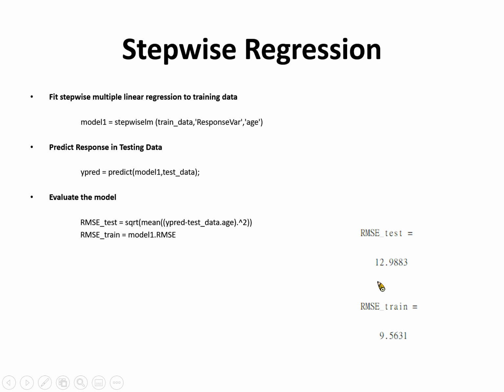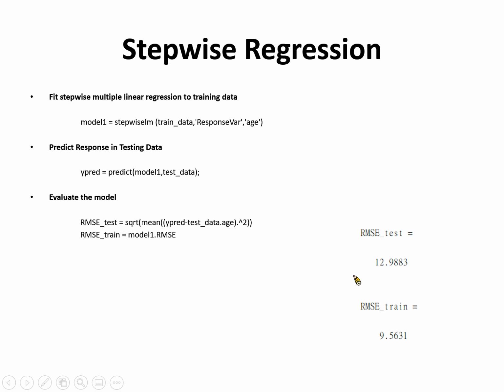Similarly, in the stepwise model, we also have an error at the level of 9.5 years, and the error on the testing data is 13 years. So you can see that the error is a little bit larger when we use stepwise regression.